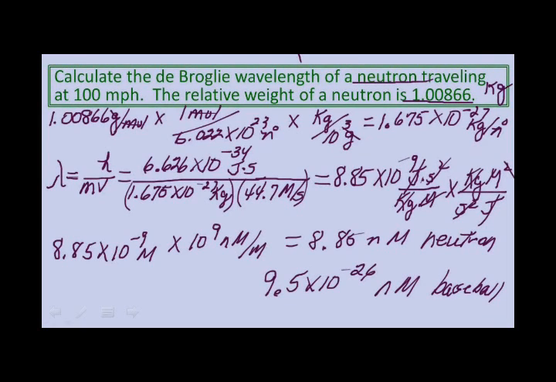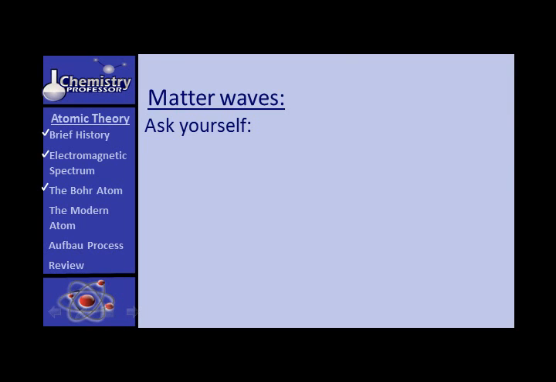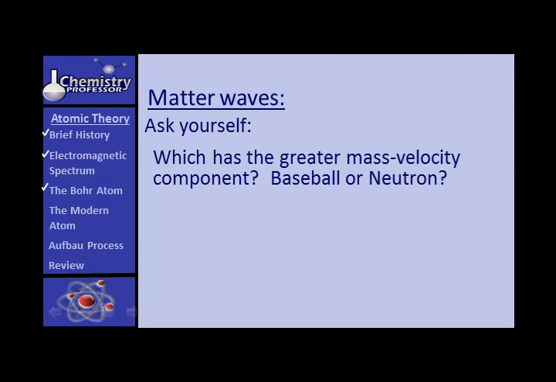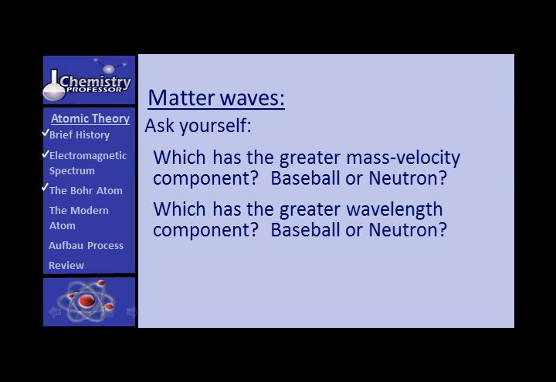All right, let's talk about those differences now. There's some important questions you need to ask yourself. First of all, which has the greater mass velocity component, the baseball or the neutron? Well, that's almost a no-brainer, isn't it? The baseball. All right.